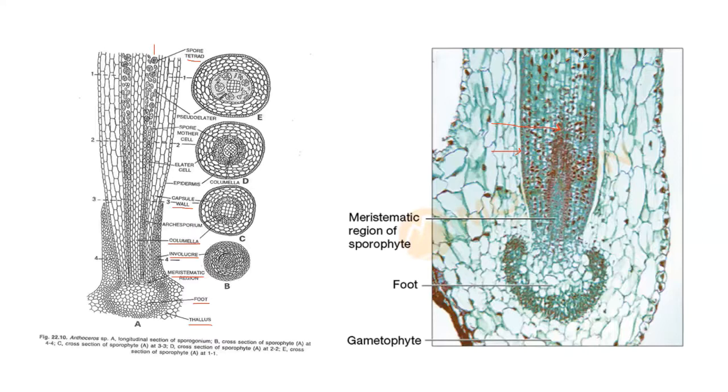Capsule wall is the outermost region of the capsule, which is multi-layered, made up of many layers. Almost 4 to 6 layers are present. The outermost layer of the wall is the epidermis. Epi is above, and dermis is the skin. So it consists of narrow, vertical, elongated cells.